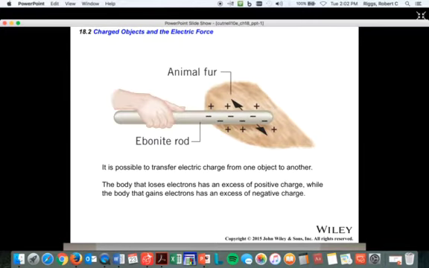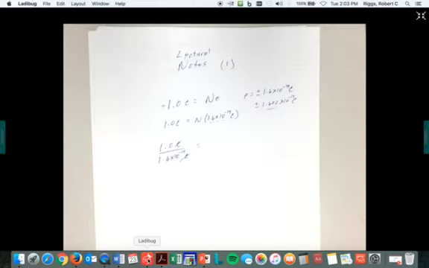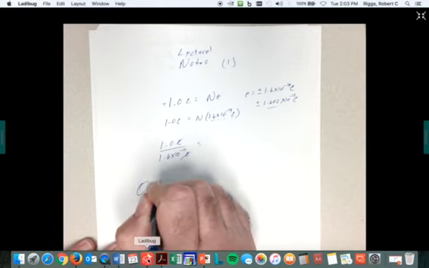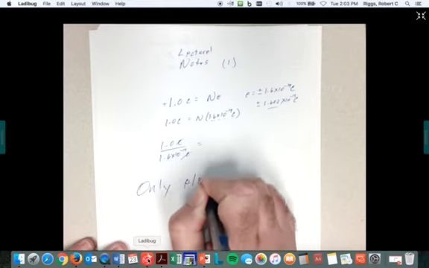What's next? Okay, it is possible to transfer electric charge from one object to another. This is a good thing. This is what allows us to have our lights on and everything. This is where it all starts. Okay, the body that loses electrons has, so remember, here's the other thing. Let's go back to the notes. Only electrons move.